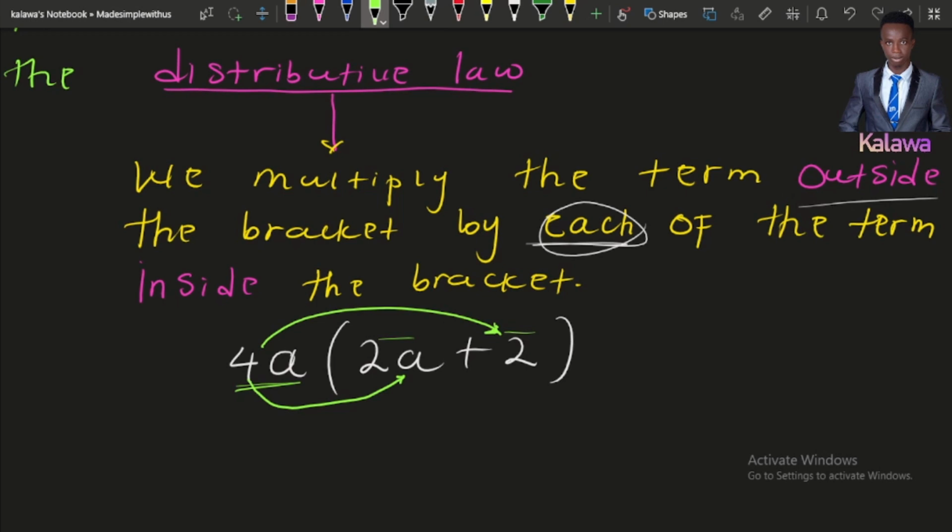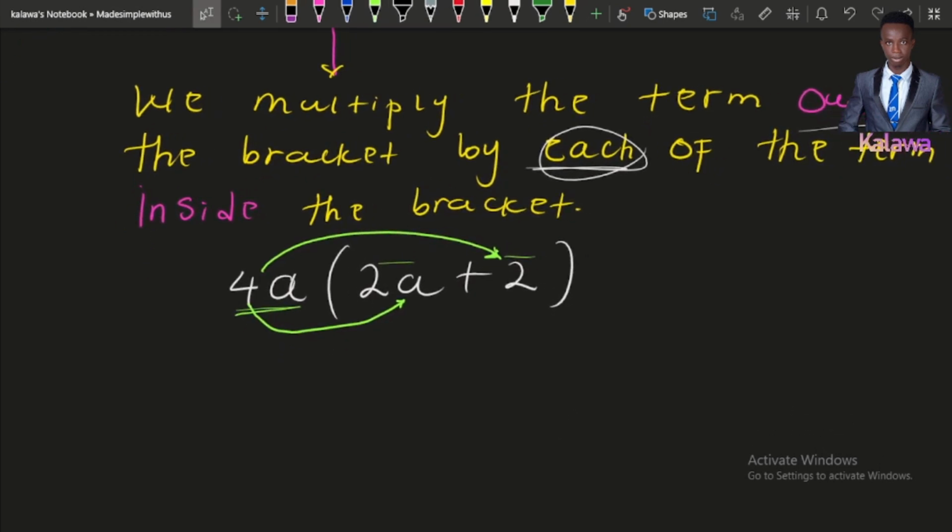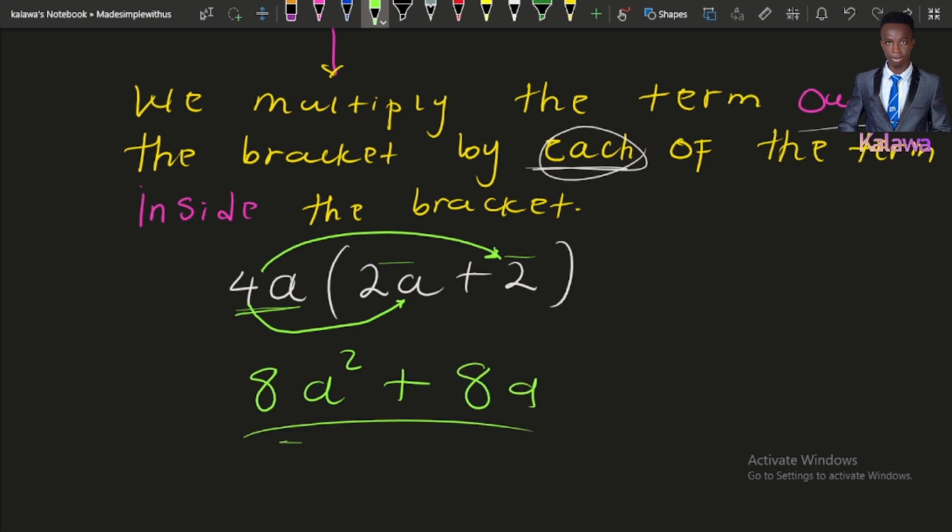So that's what the distributive law is saying. 4 times 2 gives us 8, and a times a is always a square. And what do we have here? Positive, right? So 4 times 2 again gives us 8a. So this is the answer.